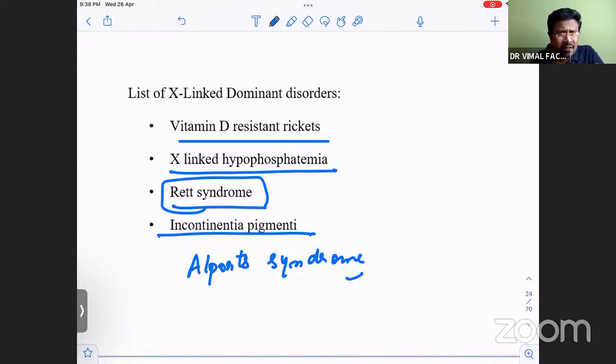So you should be very thorough about the mode of inheritance as well as the special strains. At least you can eliminate one option, or pick up one option. So these terminologies and inheritance things you have to definitely learn.